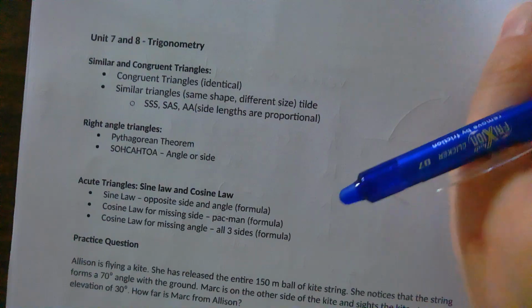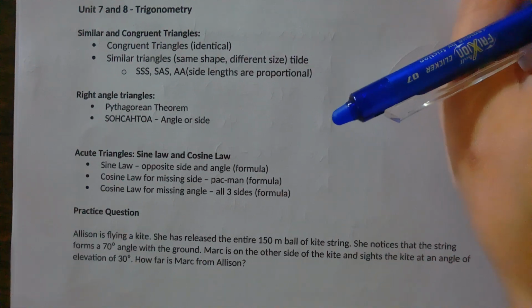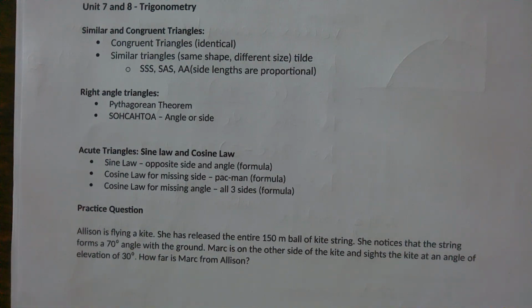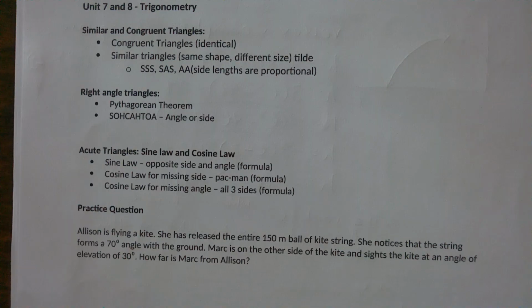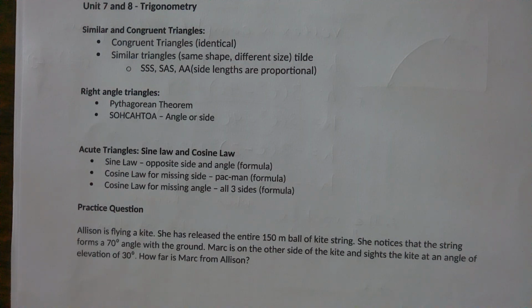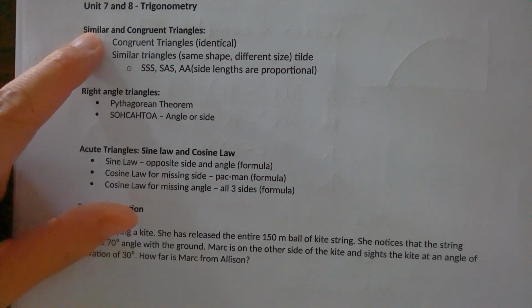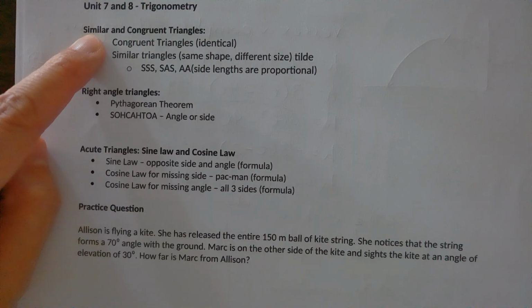All right, last one. The last thing, the trigonometry stuff. So the triangles. So similar and congruent triangles. Similar means it's almost the same, but not quite the same. Mathematically, all the angles are the same.